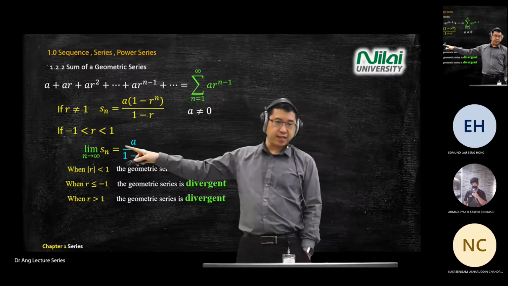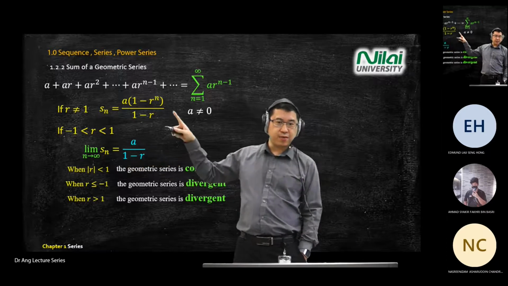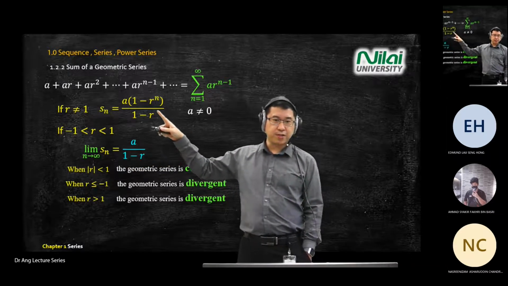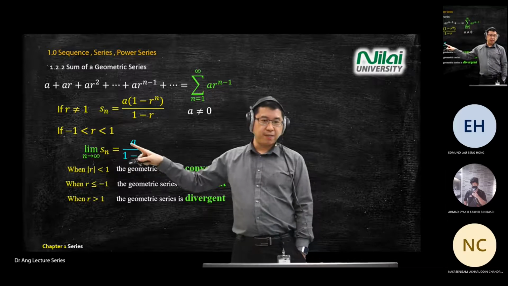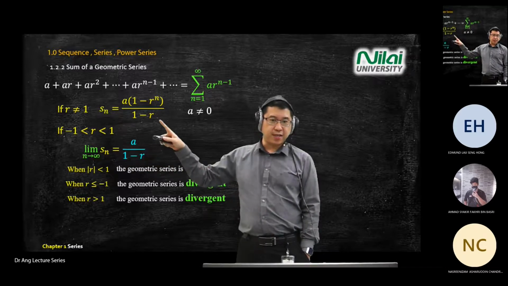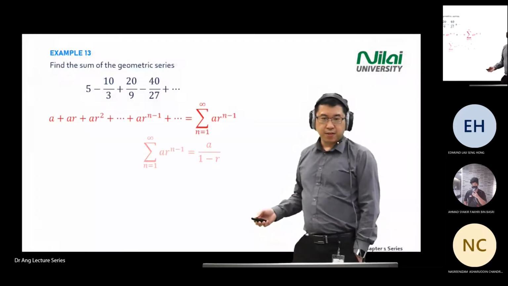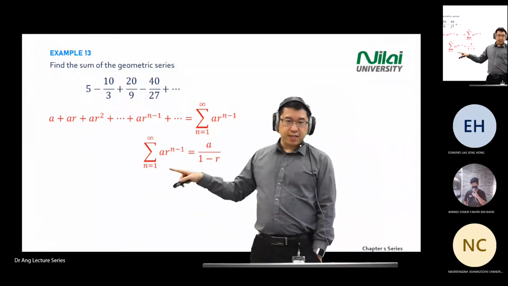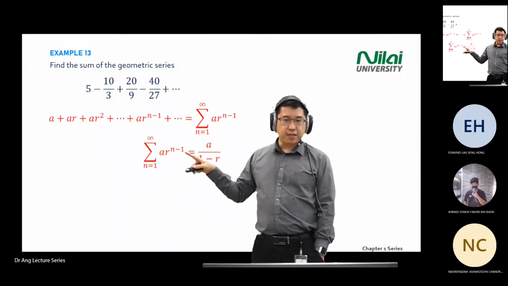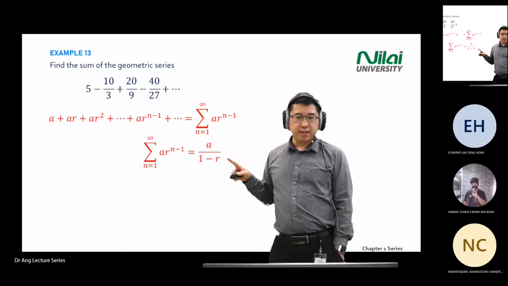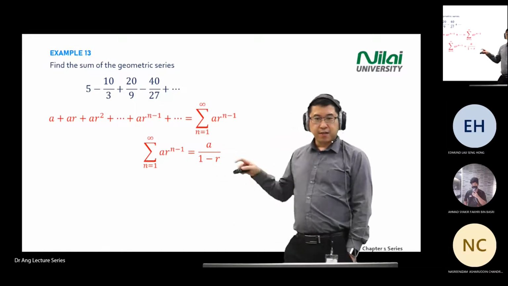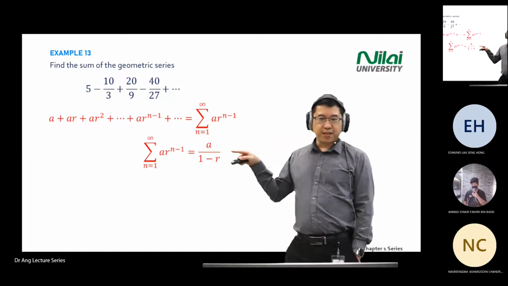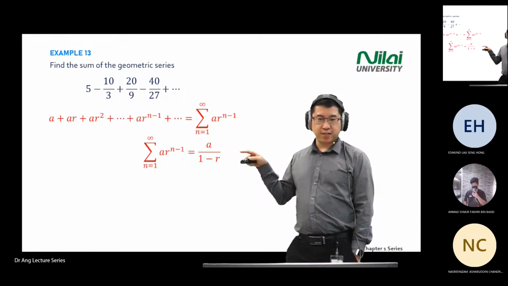What is Sn? Sn is equal to this one. So you just substitute this in the limit there, and you get this. That's why we can write the sum of a r^(n-1) equal to a divided by 1 minus r. Basically, you can copy this from the PowerPoint slides or from today's lecture.